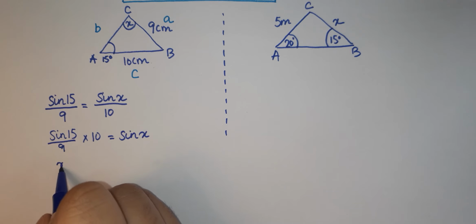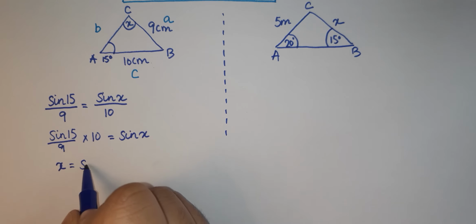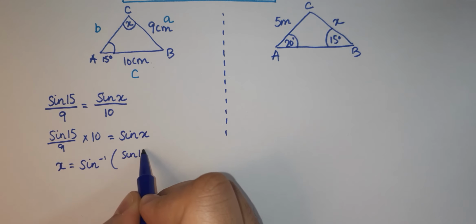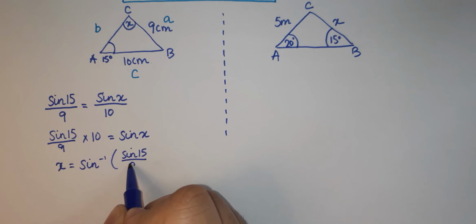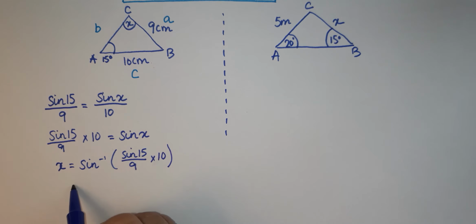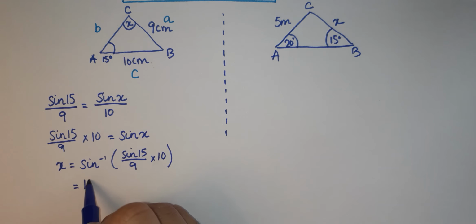So to find out x, we would do sine inverse of sine 15 over 9 times by 10. And to get that to 3 significant figures, our answer is 16.7 degrees.